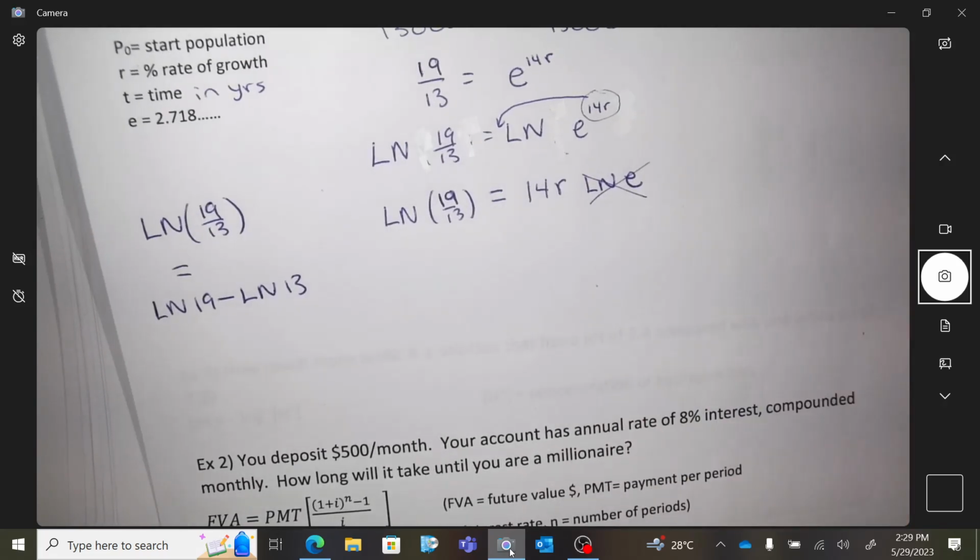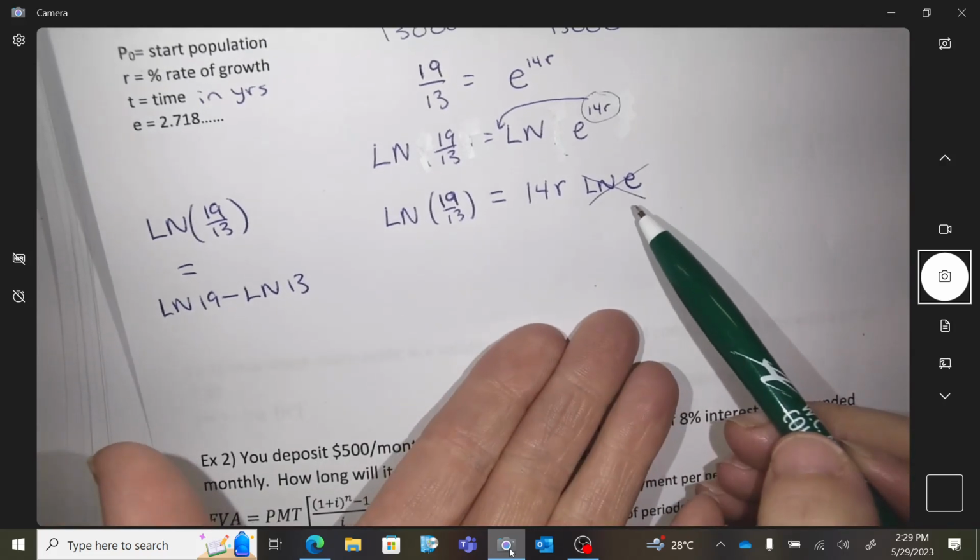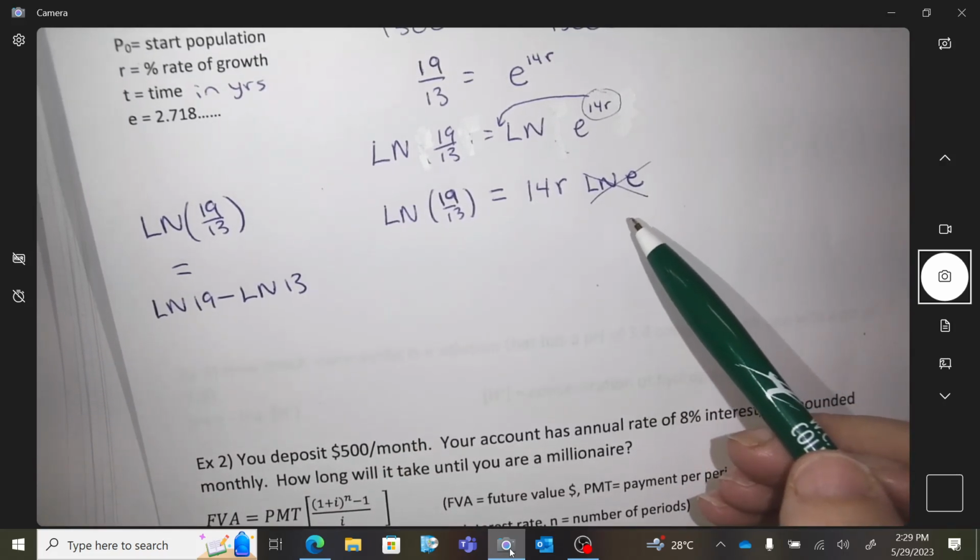Because this ends up being 1. The ln of E is 1 because the ln uses a base of what? E, and the result was E, so what's the value of the exponent? 1. If you didn't ln both sides, you will get there if you log both sides, but then you can't just get rid of that. It's fine though.